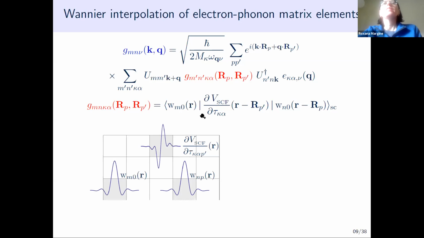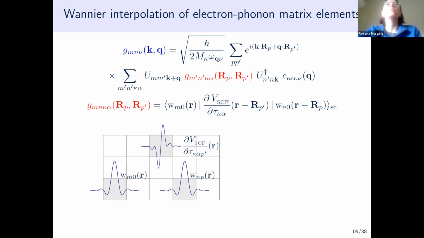This means that if, when they are far from each other, one function is non-zero but the 2 other functions are 0 at some location, then the electron-phonon matrix element will disappear. So this is very good news, because it means that we don't need to calculate hundreds of thousands of matrix elements, but only a few of them.